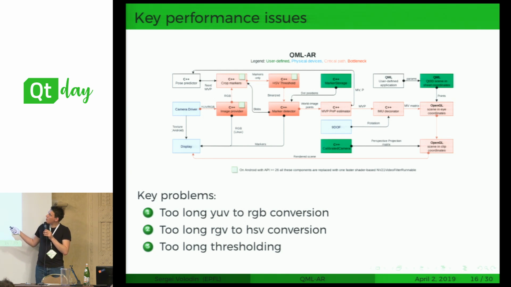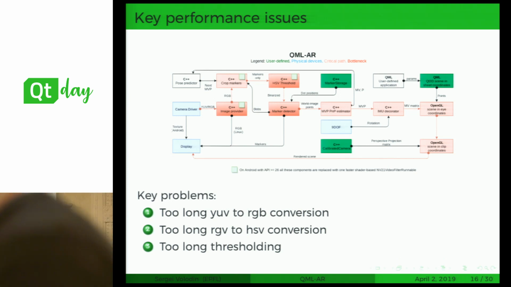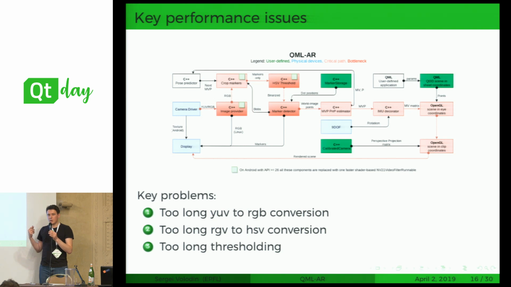This was really slow, and the reason is very simple: it runs on a CPU, and each pixel is processed separately on a CPU. And before, there was another color conversion step, namely an image from the Android camera comes in a very non-standard format. It's not RGB, and we needed to convert it on a CPU. These were the two key bottlenecks.